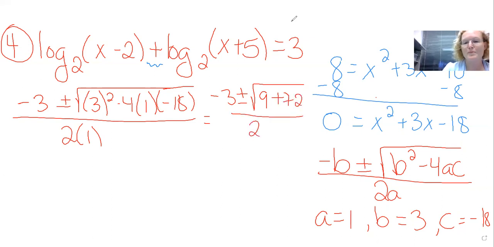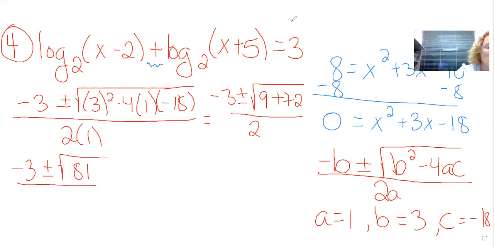Now you want to add 9 and 72, so I'm going to move down here. This is negative 3 plus or minus the square root of 9 plus 72, which is 81, over 2. The square root of 81 is actually equal to 9. So that's negative 3 plus or minus 9, over 2.